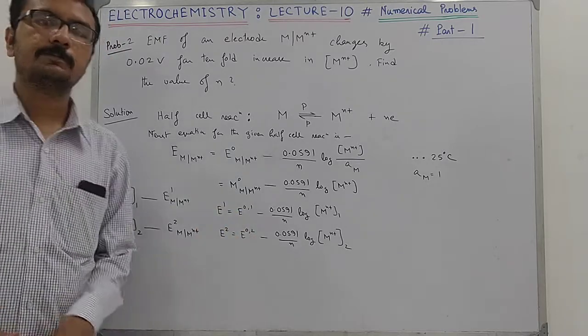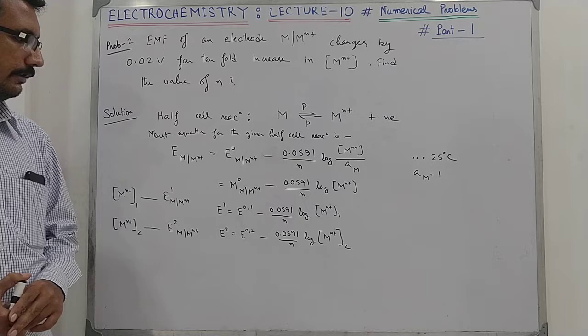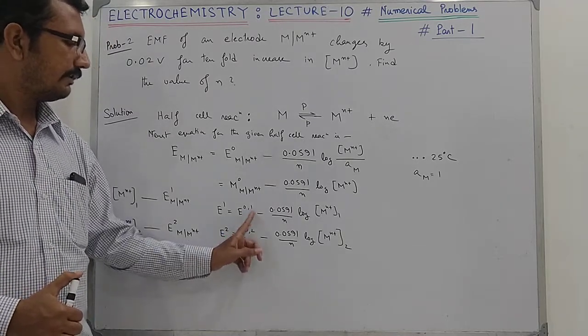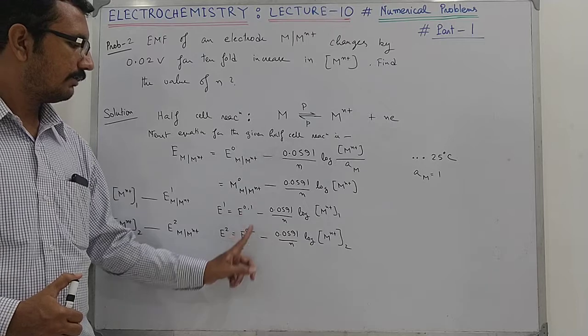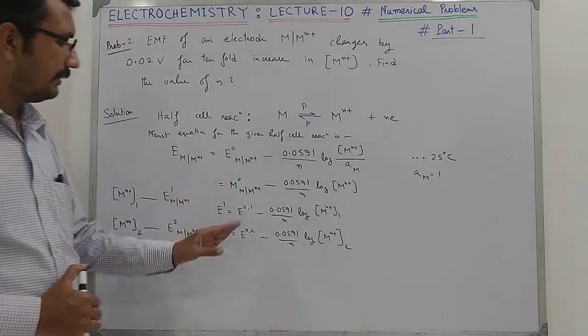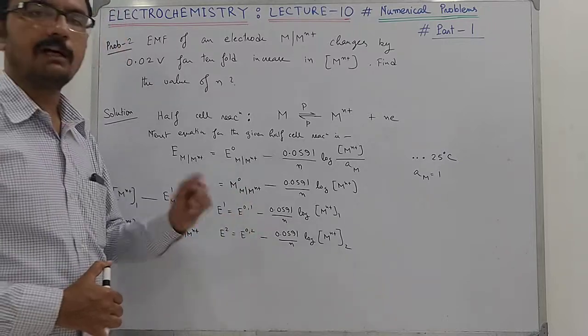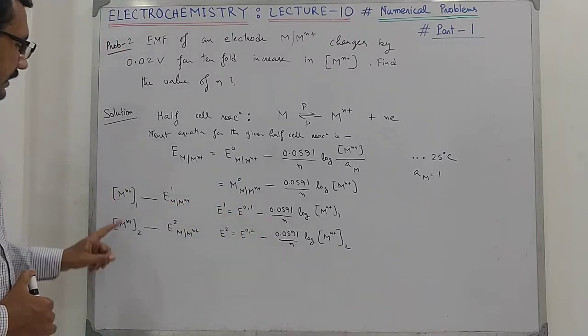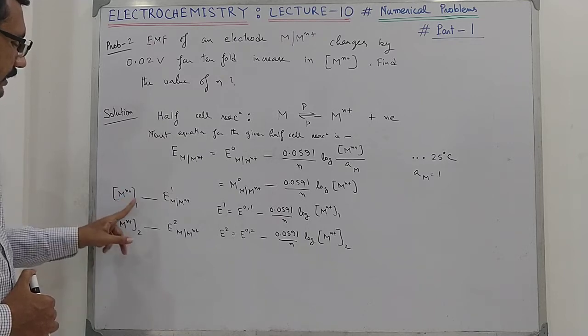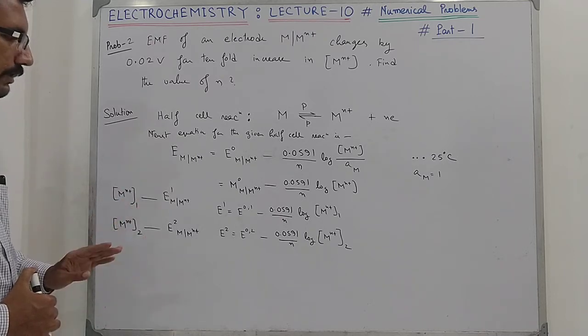Is it correct? May I have the power to tag this standard state by 1 or 2? Where is this 1 and 2 tagging coming from? This tagging is coming due to the difference in concentration. For this concentration it is 1, for this concentration it is 2.